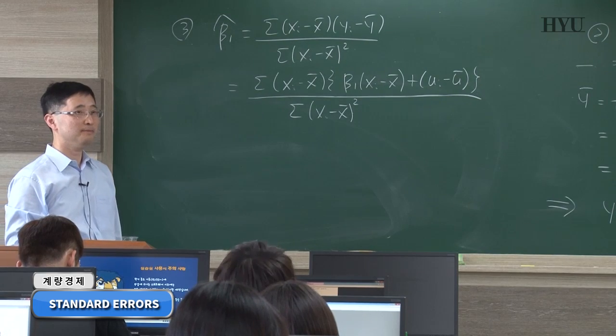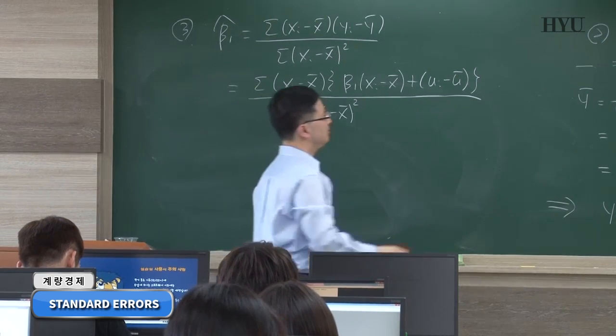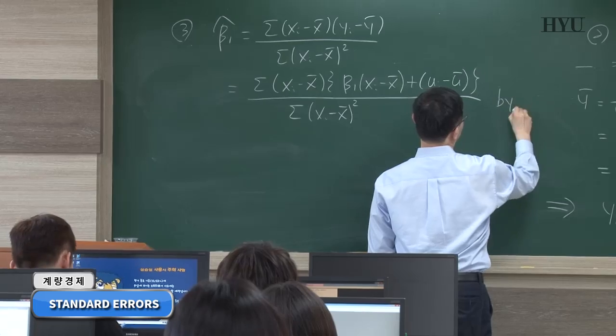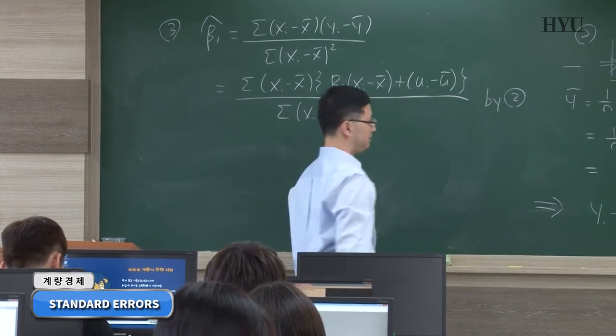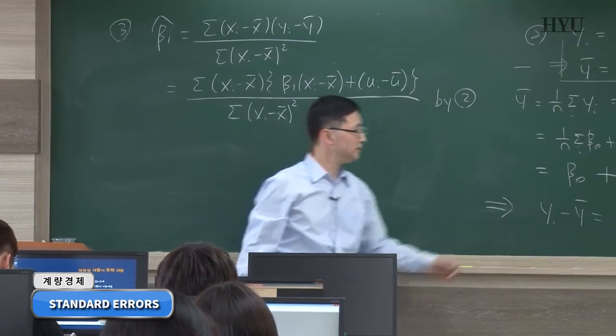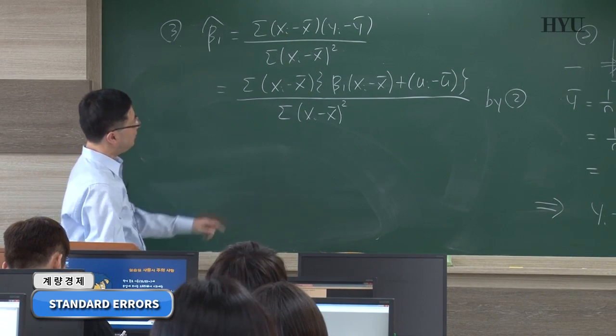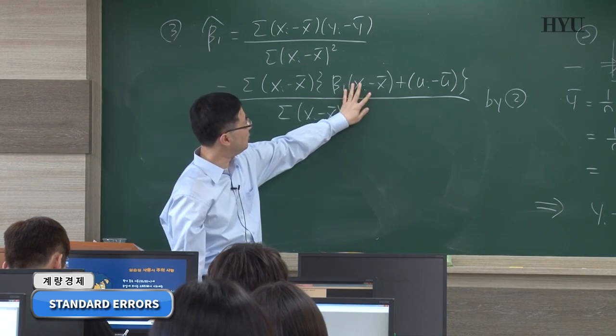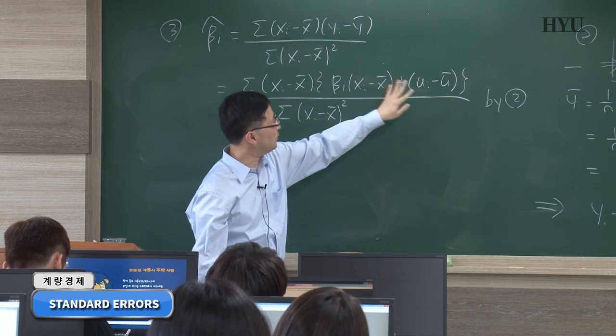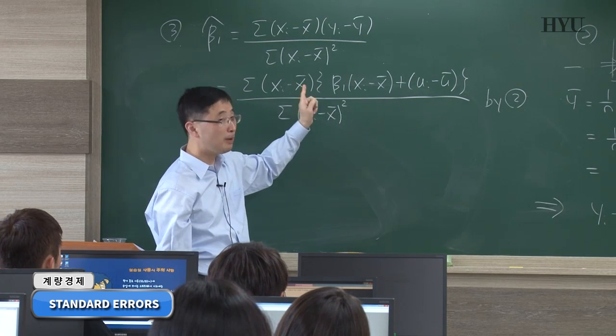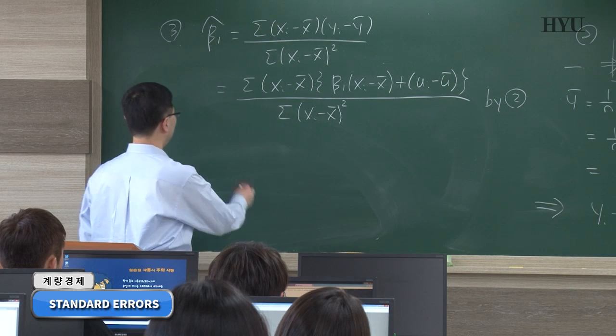Is it okay? By 2. I just use this relationship. Now let's multiply this term over here, this term over there. And let me remind you that beta 1 is a constant, so we can put it out.